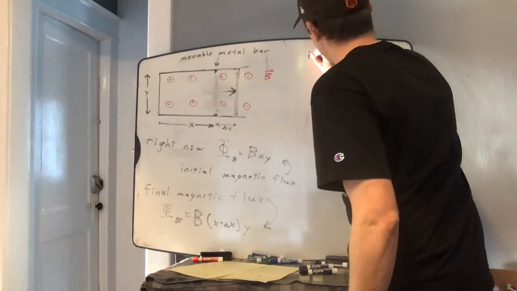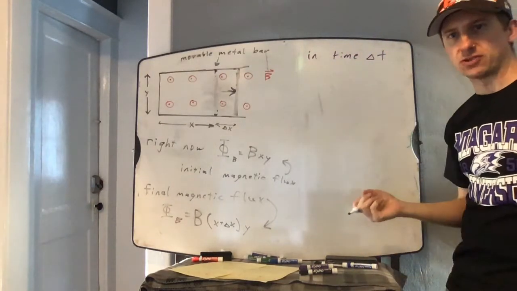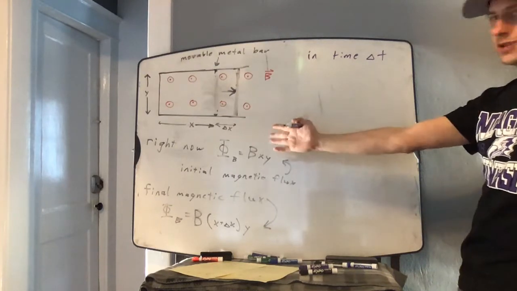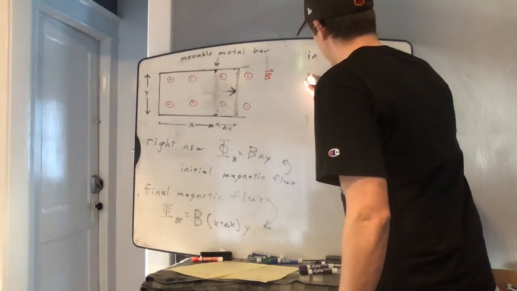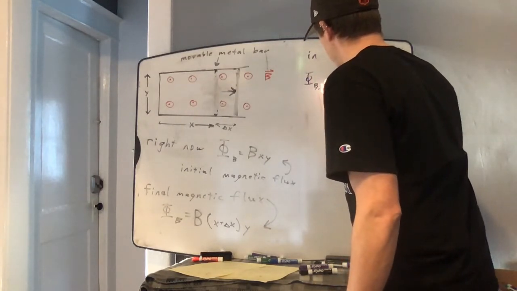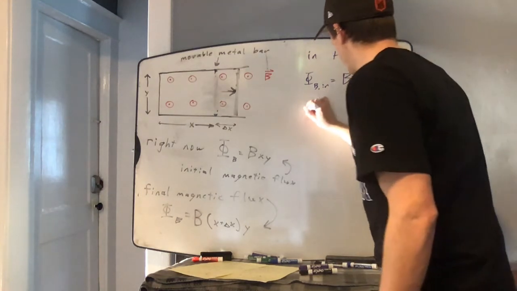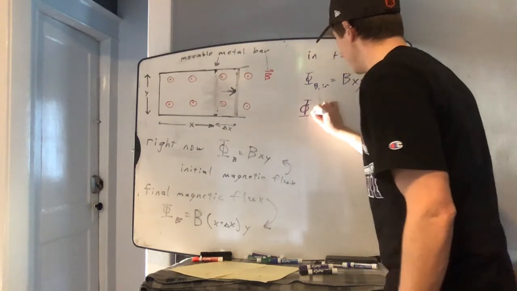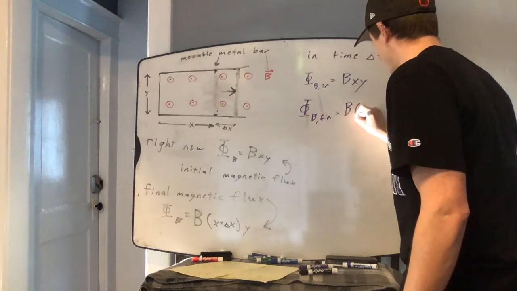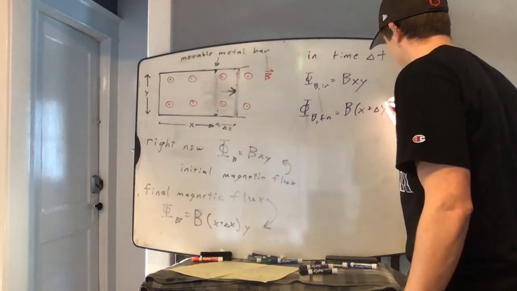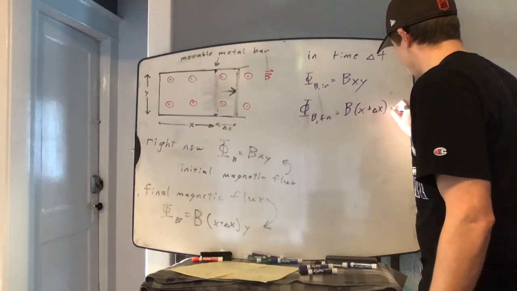So in time delta t, because it does take some amount of time to move the bar from its initial position to the final position, I could say we had magnetic flux initial was B times xy, and magnetic flux final was B times x plus delta x times y.